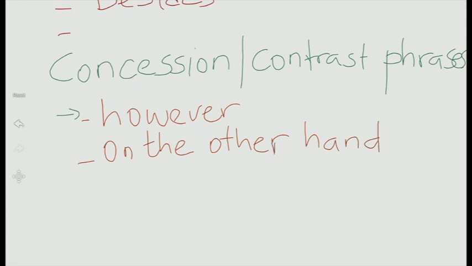So when you say on the other hand, you are saying that, okay, fine, I can hear what you're saying, but on the other hand, let's look at things this way. That is when you want to present or introduce your own argument, your own beliefs. So you can use on the other hand to introduce that.